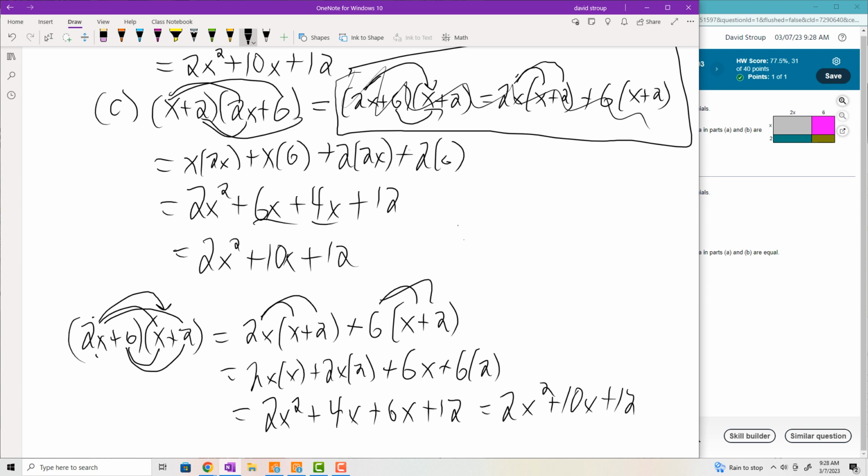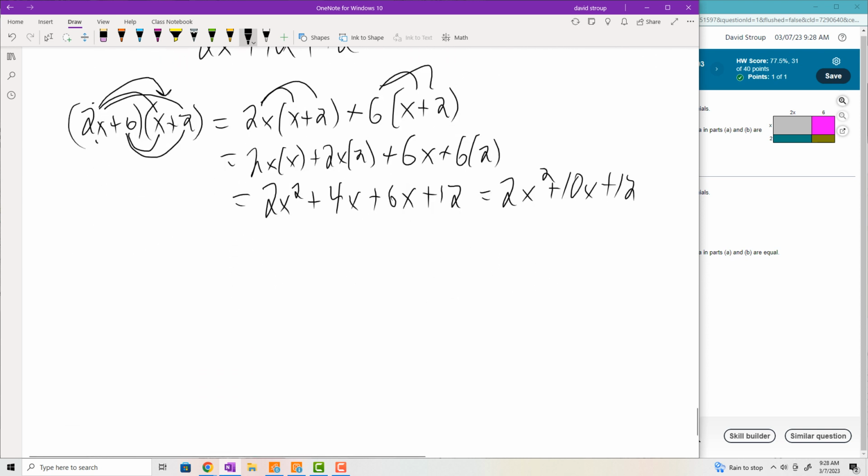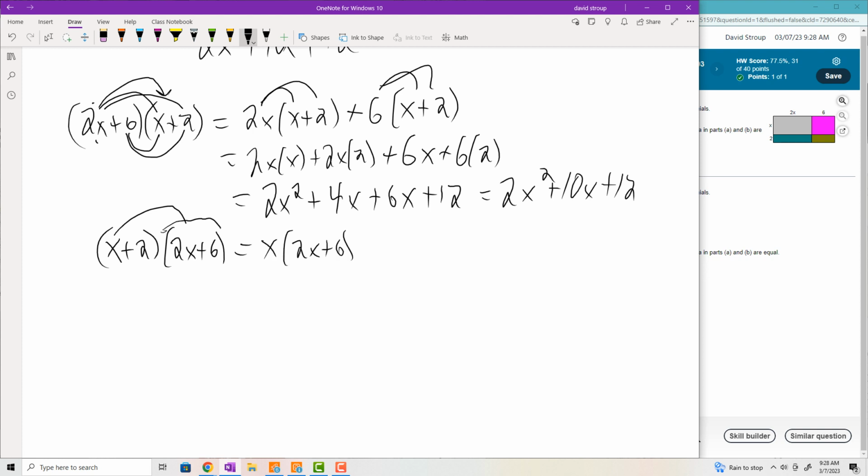With my problem, I did it in reverse order, but it won't make a difference because of the commutative law of multiplication. 3 times 2 is the same as 2 times 3, right? But it'll look different. So if you do it their way, it'd be x times this whole thing, x times 2x plus 6, and then plus 2 times that whole thing, so 2 times 2x plus 6.